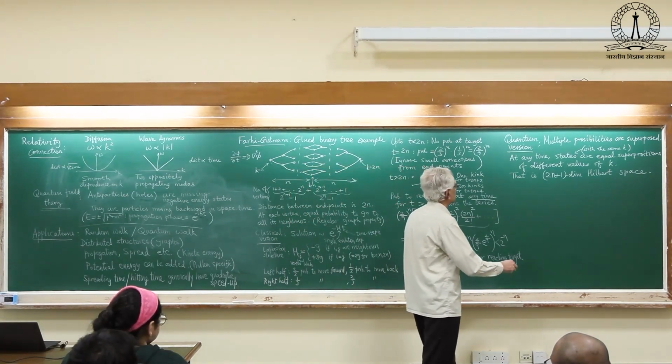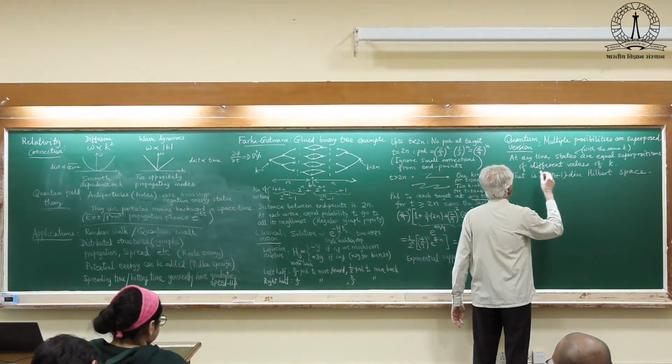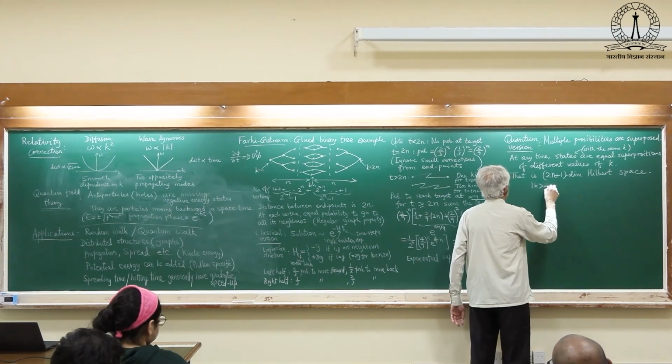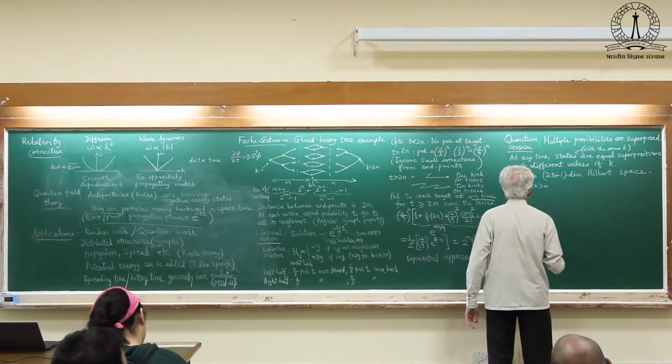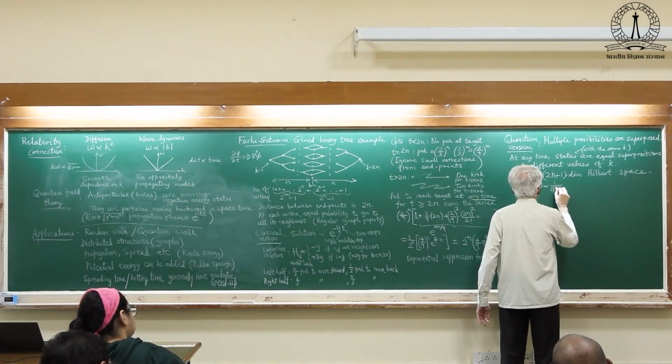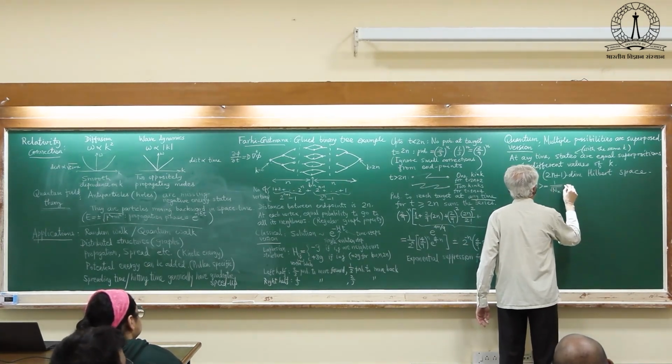And so I will define that, well, whatever it is, the state k is equal to some notation I have to cook up, 1 over a normalization.